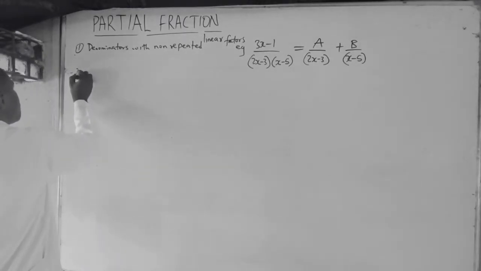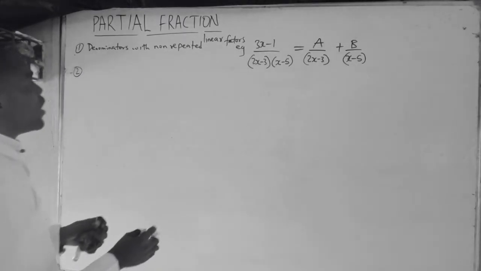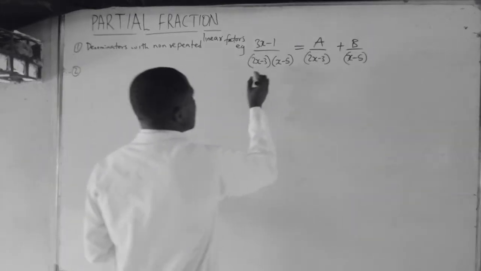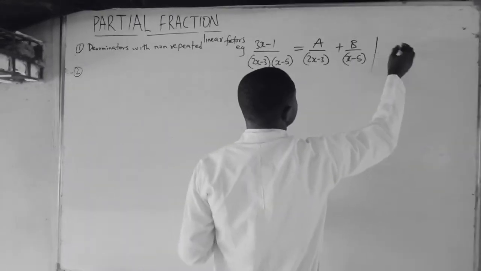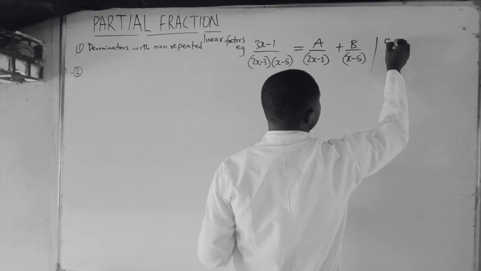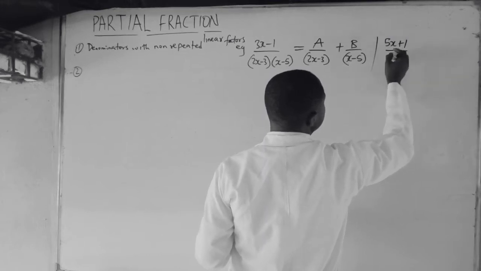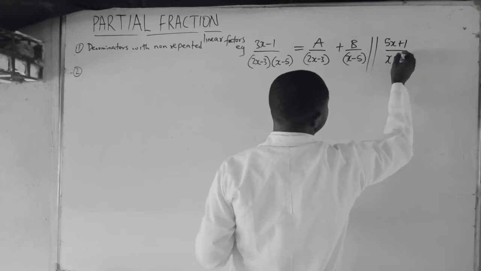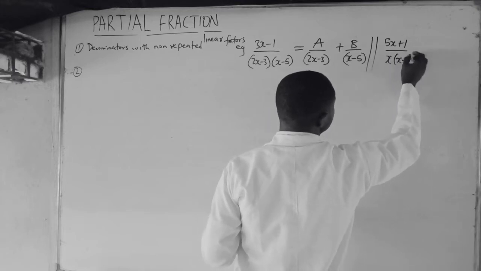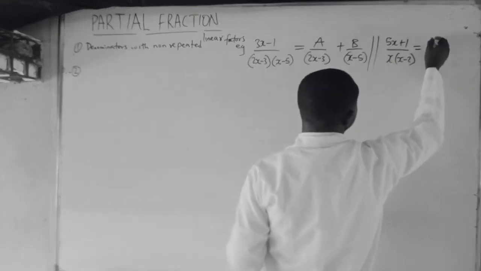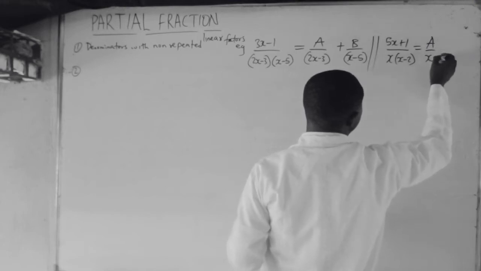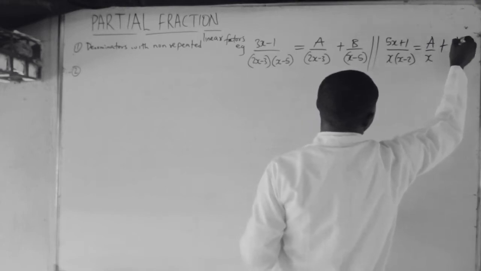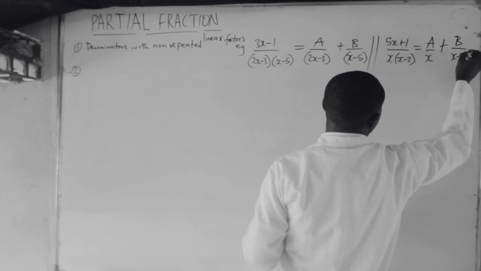So what if it can also be in this form, assuming they said given that (5x plus 1) over x(x minus 2). You resolve it this way: A over x plus B over (x minus 2).